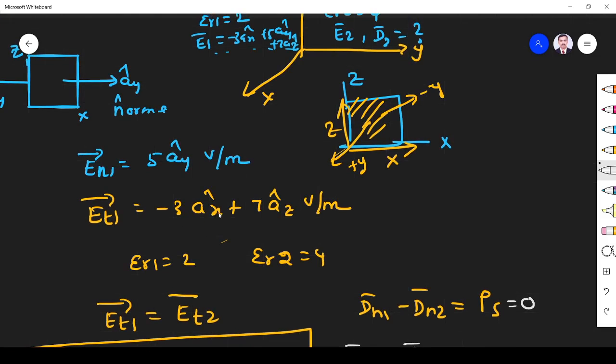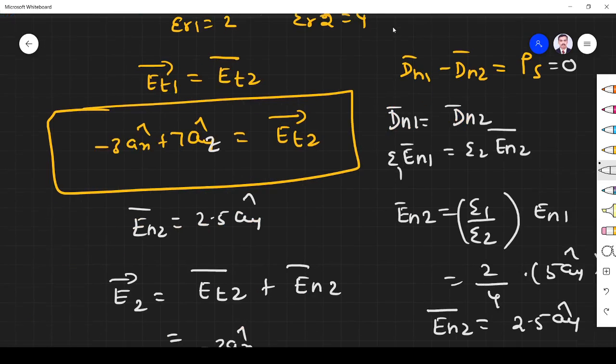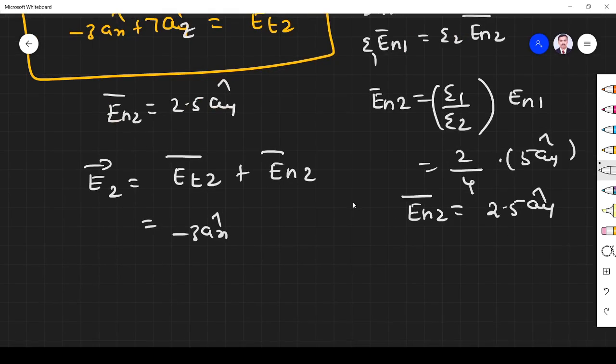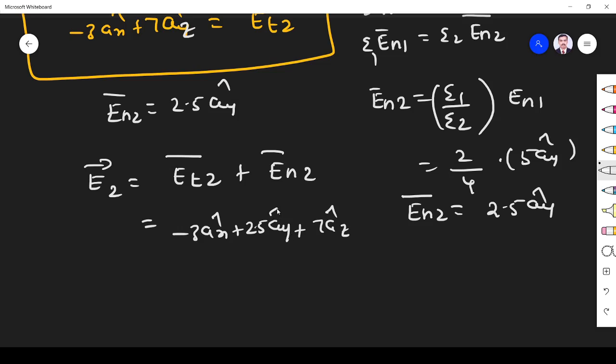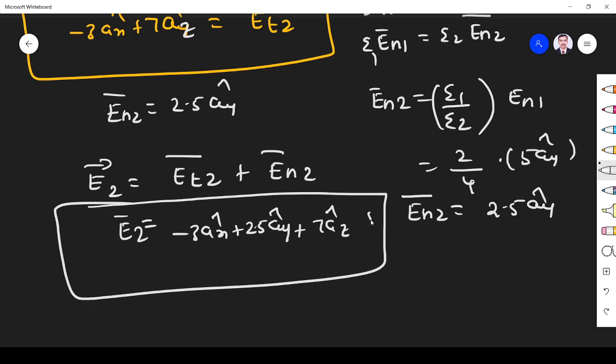Et1 is minus 3ax plus 7az, so minus 3ax plus 7az, plus En2, 2.5ay. That's what our E2 is. So this is the electric field in medium 2.